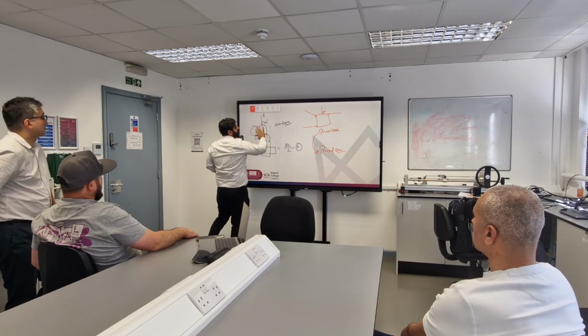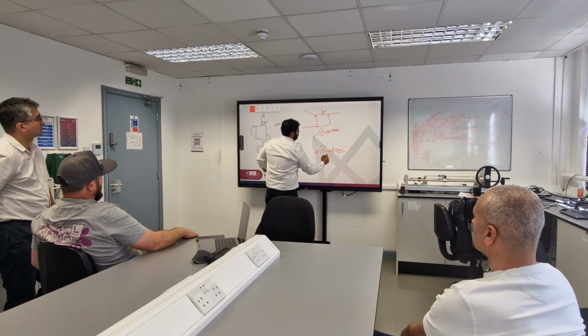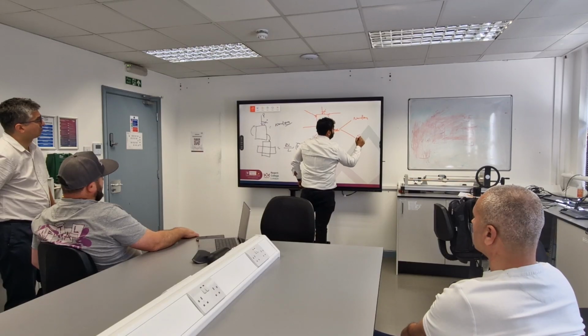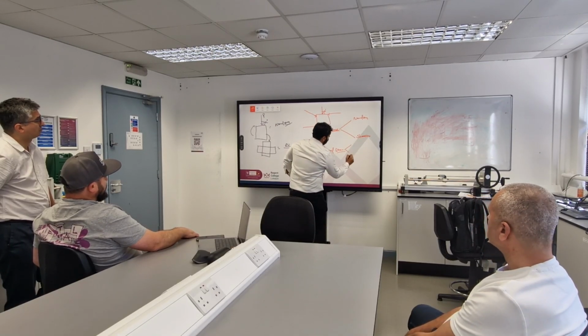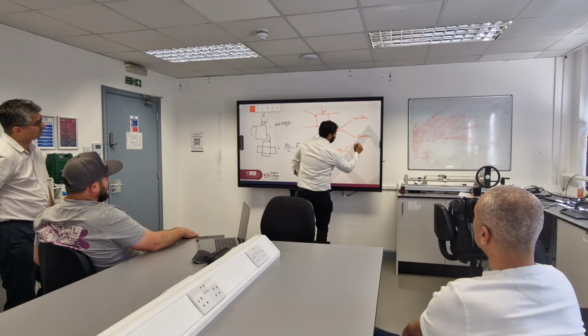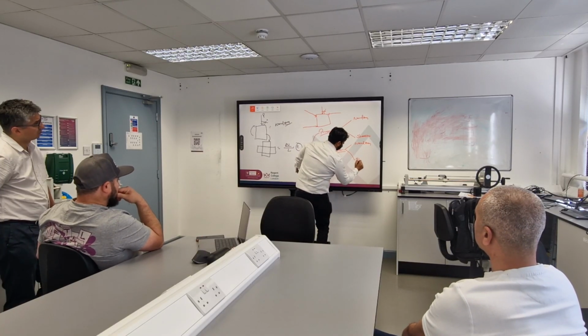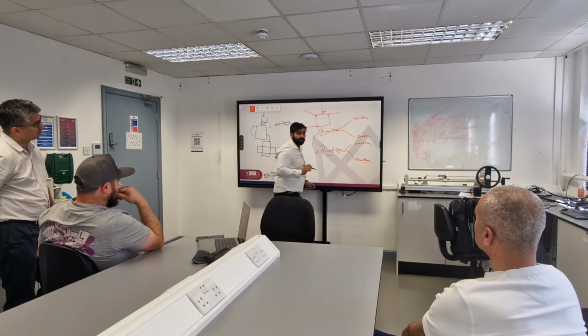Okay, this is our concept of principal stress and principal strain. Principal stress is a combined factor of normal stress and shear stress, and principal strain is a combined factor of normal strain and shear strain.